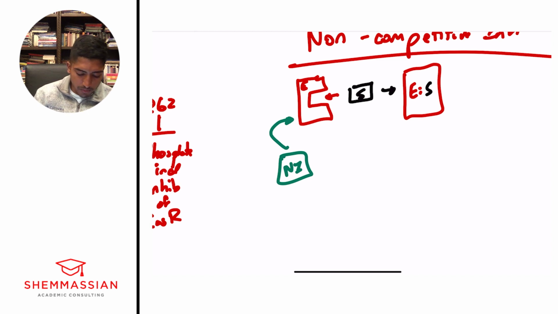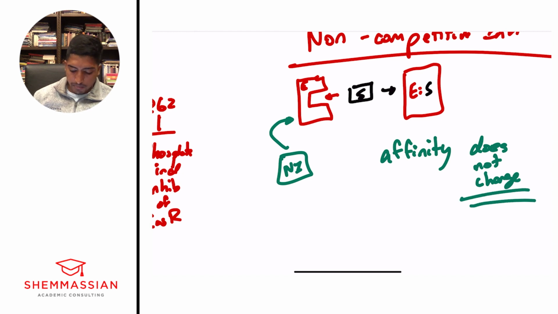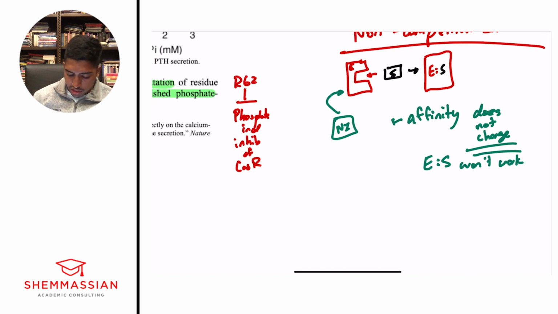And so that's what I want you to know, that the affinity of the enzyme and the substrate does not change. But at the end of the day, the enzyme substrate won't work most of the time, or a lot of the time. And so with these two terms, you should be able to identify what is happening to Km and Vmax.